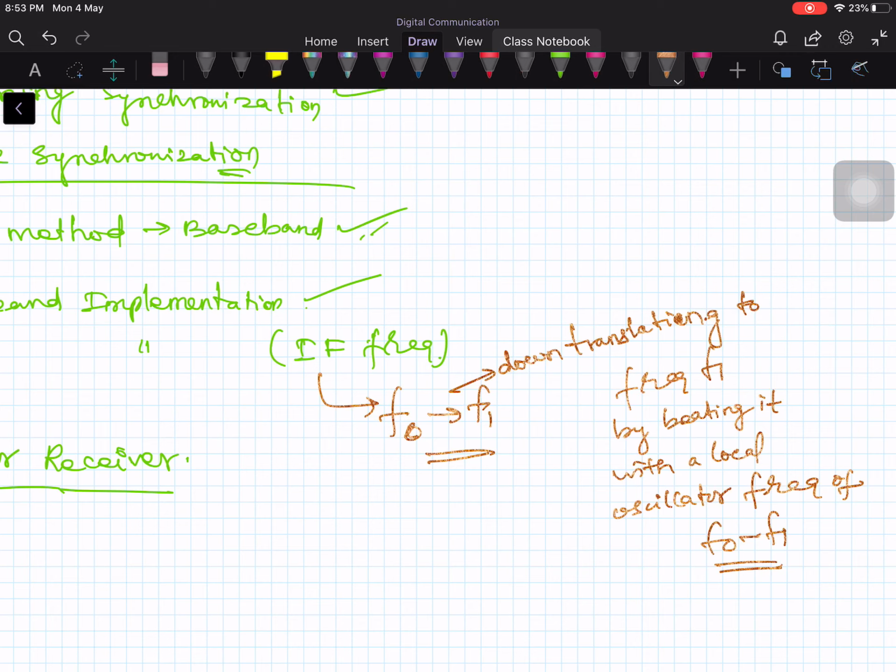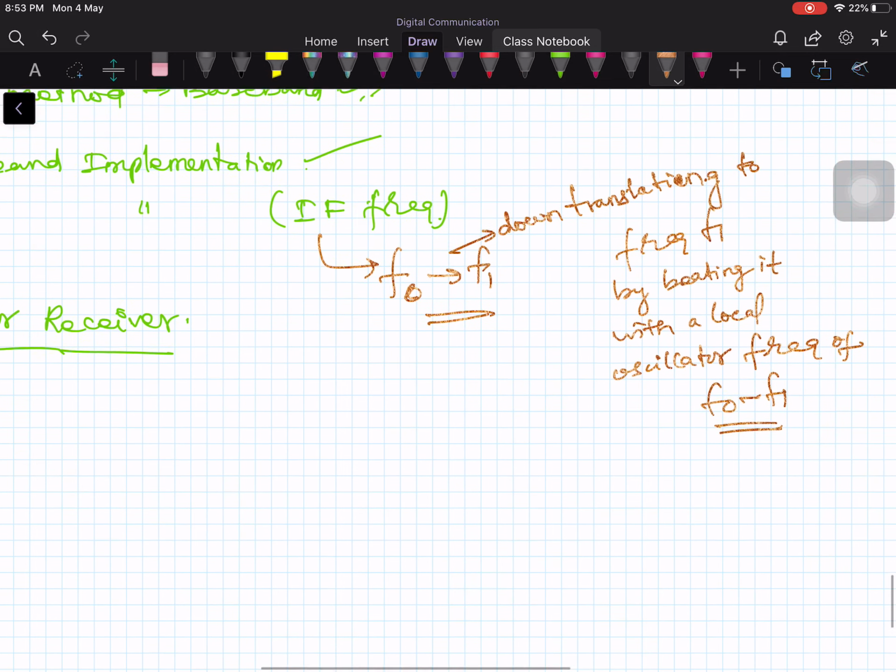Of course there are some pros and cons, but the implementation of the IF method is much easier than straight away doing the passband matched filter implementation or passband demodulation. One can also ask, why don't you go for the IF frequency method? Straight away you can convert passband to baseband and do the demodulation. So either way you can do that.